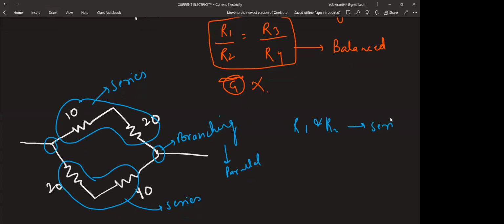Yes, Maimuna, answer. If two resistors are connected in series. Yes, Maimuna. Equivalent resistance, series and parallel combination we have done.